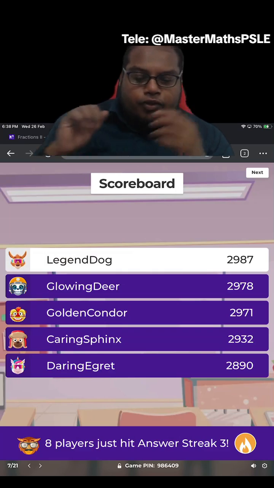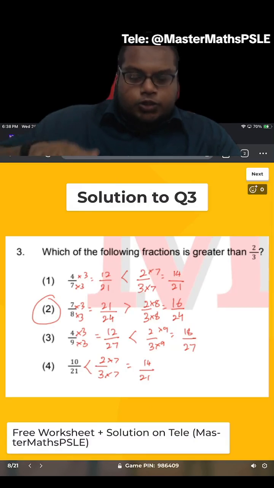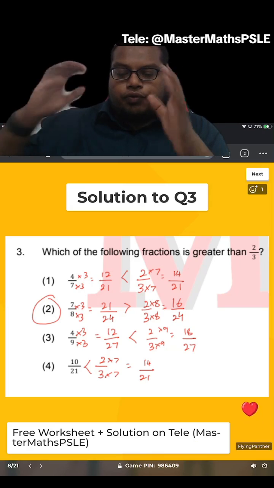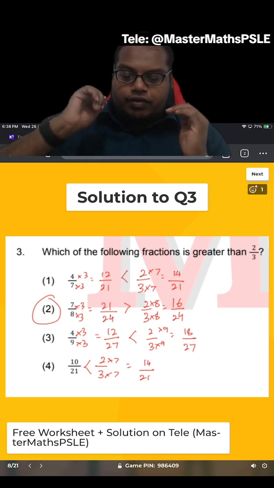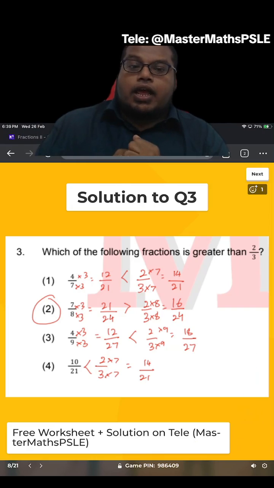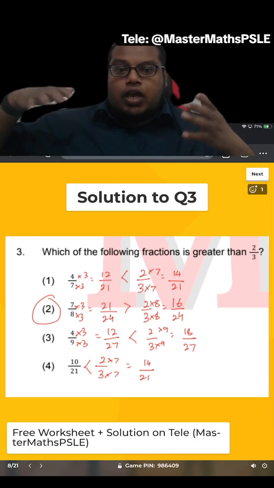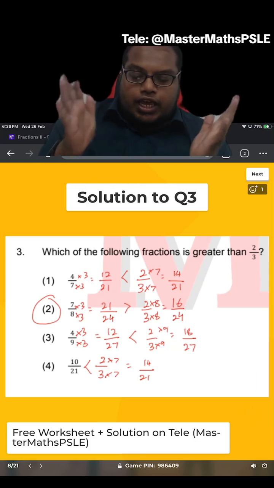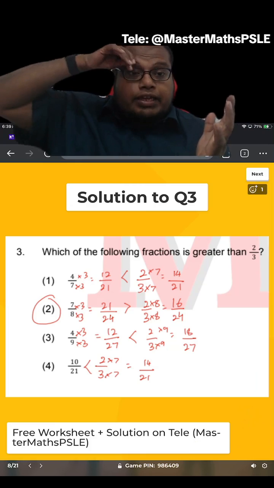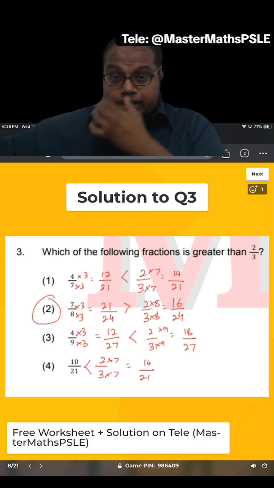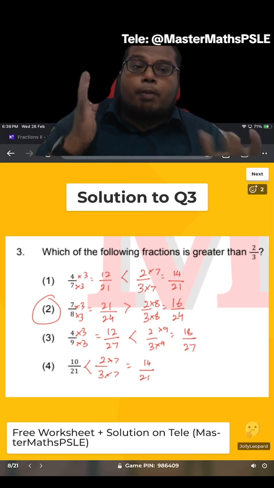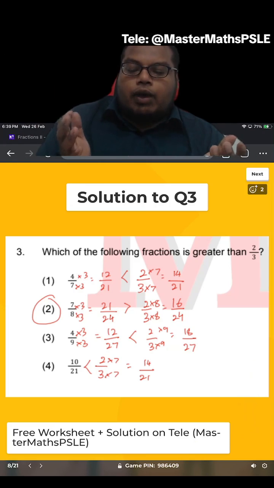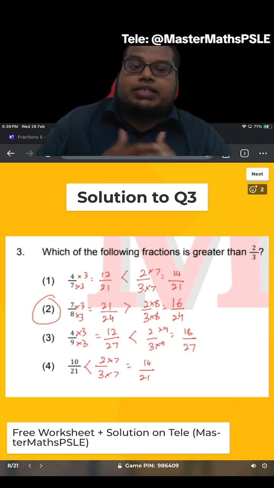Alright, before I go to the solution. Okay, so we got 4/7, 7/8, 4/9, and 10/21. Now all these we compare with 2/3. Okay, so same as just now, right? Just now I made the numerators the same, but usually when comparing one fraction to one fraction, I will just make the denominator the same instead.